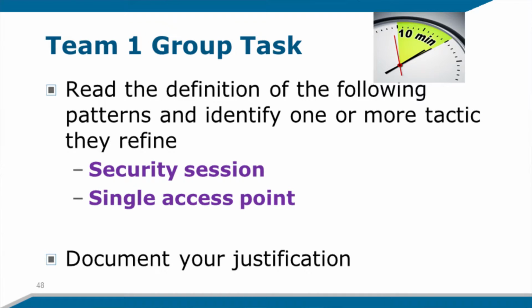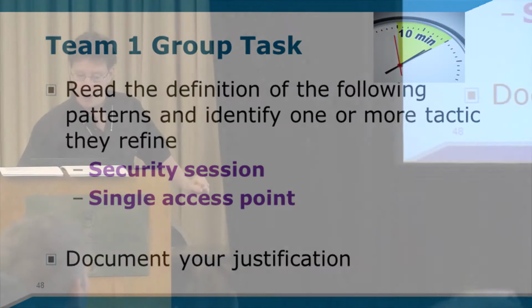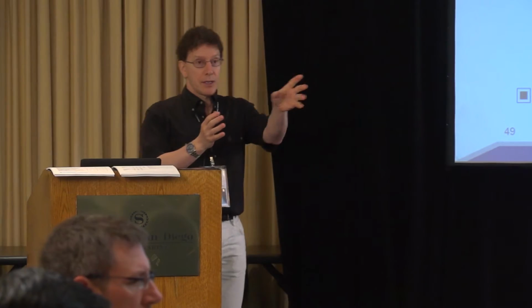So are these patterns a refinement of a single tactic? Are they a combination of multiple tactics? How do they elaborate a tactic? And document this justification. And JR is handing out the pattern definitions right now.